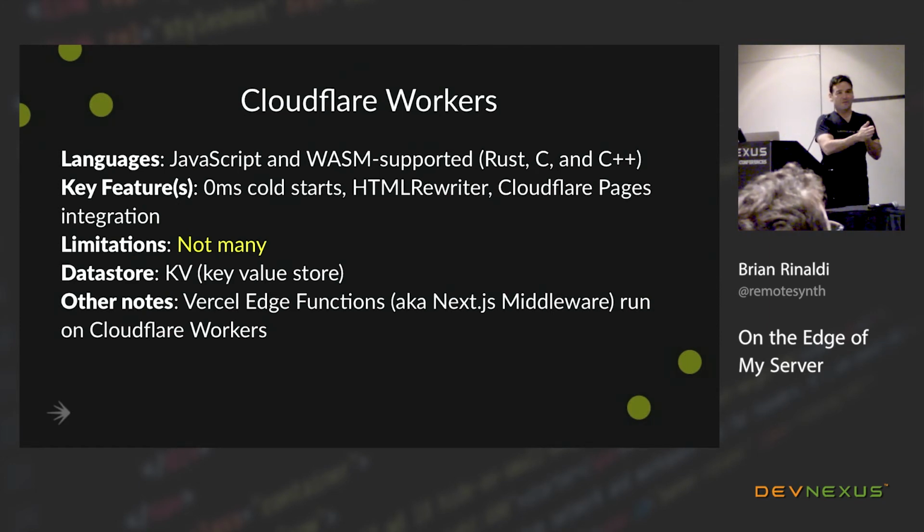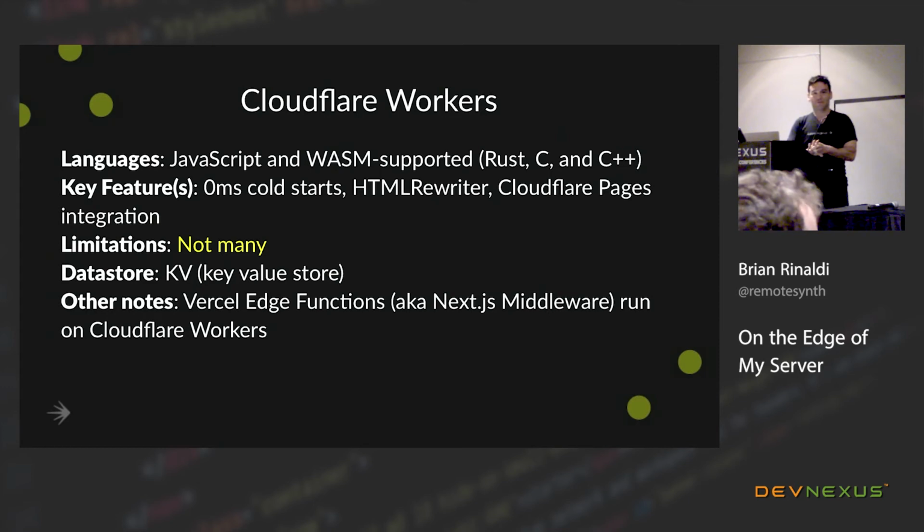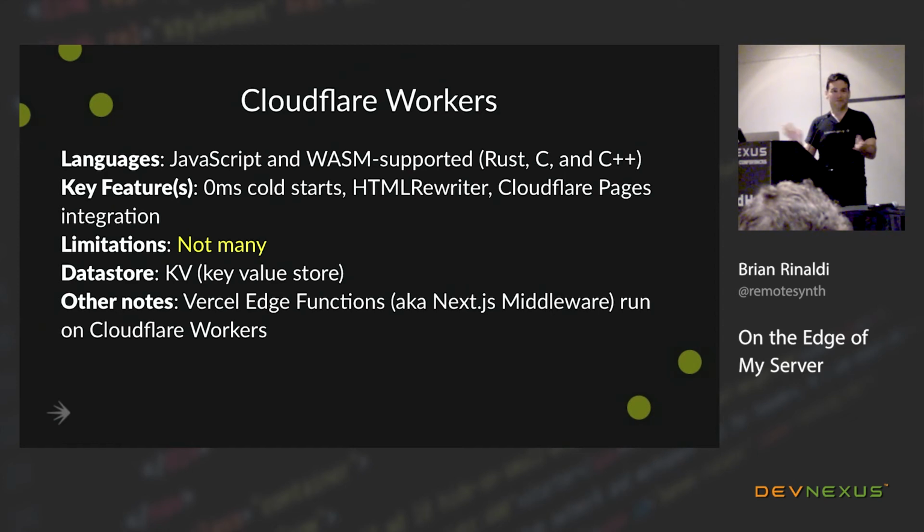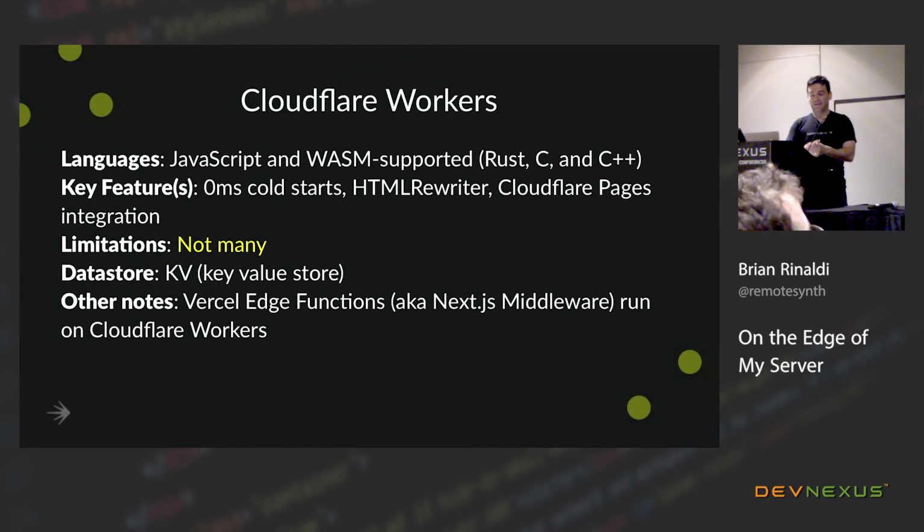Every Cloudflare worker is replicated globally. Every Cloudflare worker is an edge function. Even if you build your site and deploy it using Cloudflare Pages, every serverless function you write and deploy to their system is an edge function.